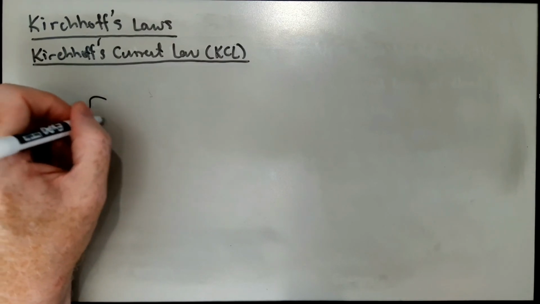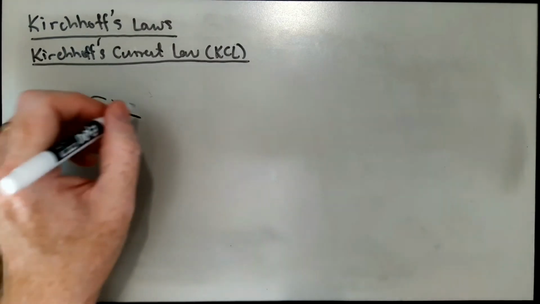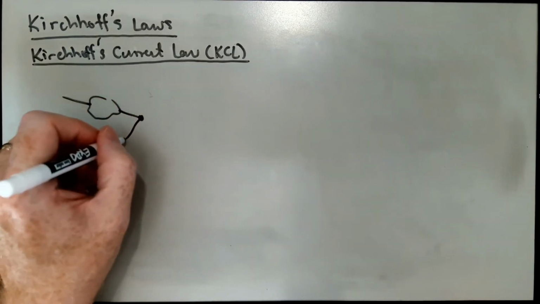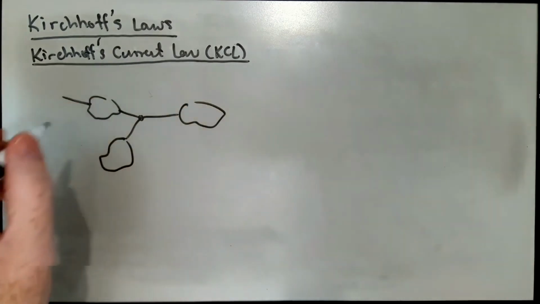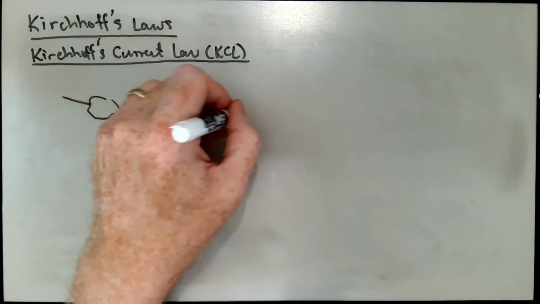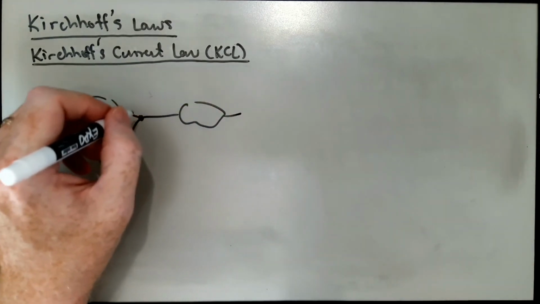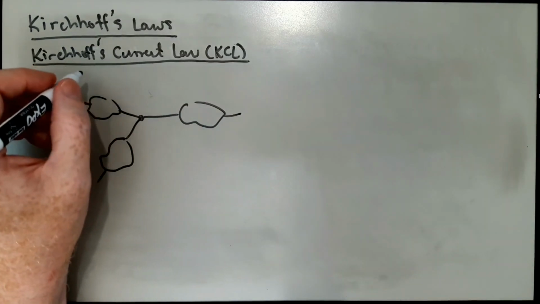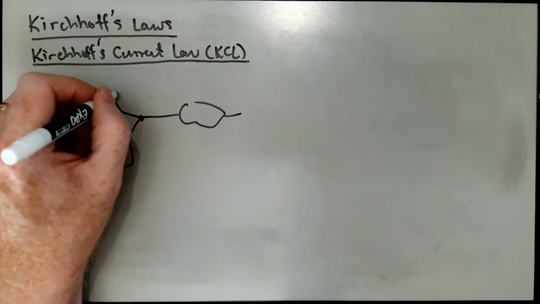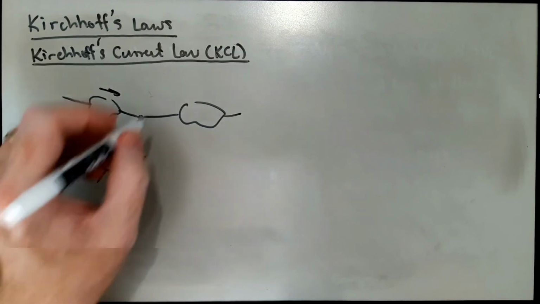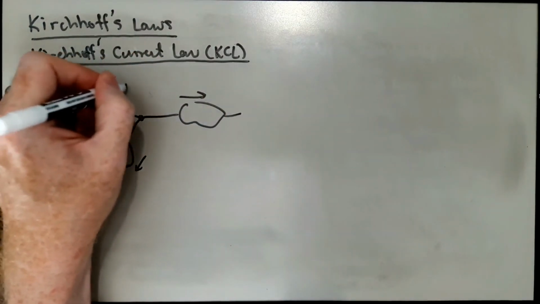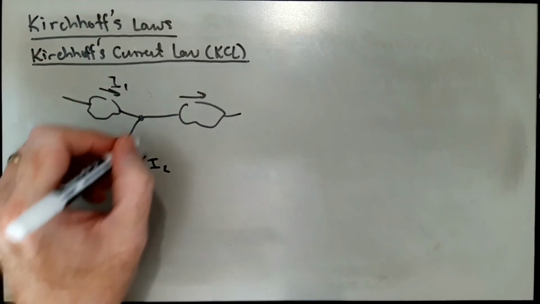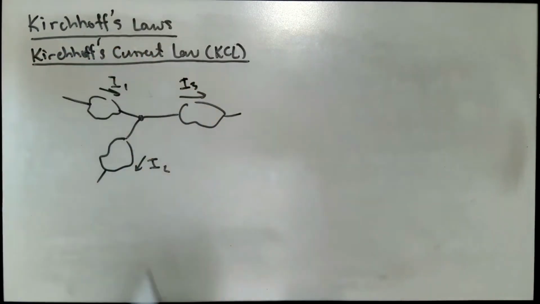So let's suppose we have a number of elements here that come together, and let's say there's some current flowing this way, some current flowing this way, some current flowing this way. We'll call this I1, call this I2, call this one I3.